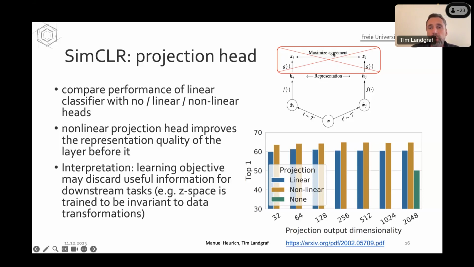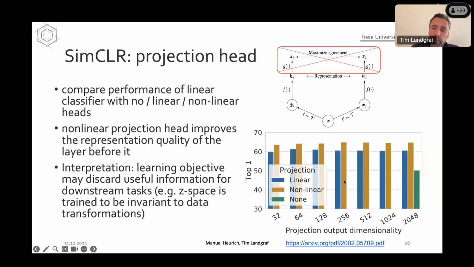With no projection head, H would be trained as we saw before using H directly, right? So directly comparing the representations and computing the loss and so on, yeah?